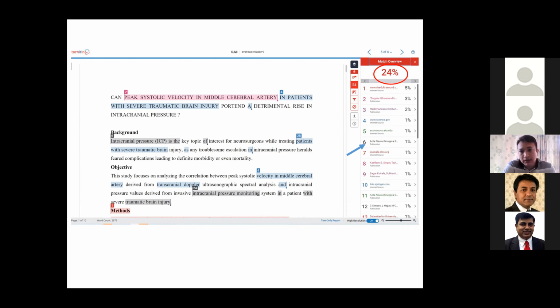For example, from Acta Neurochirurgica, it has a 1% similarity. And the number 6, which you have seen on the right side, you can see the 6 here also.